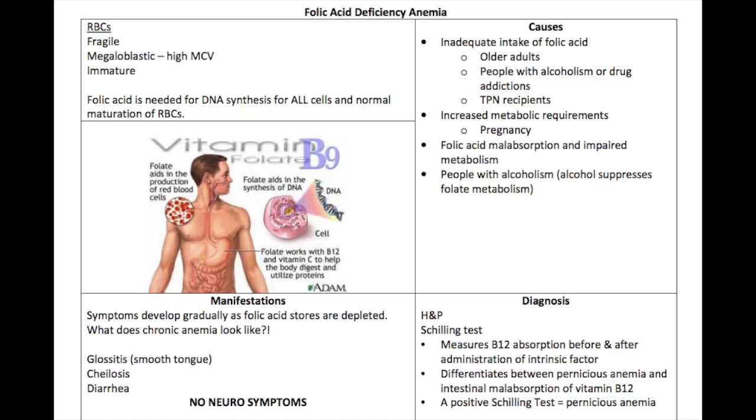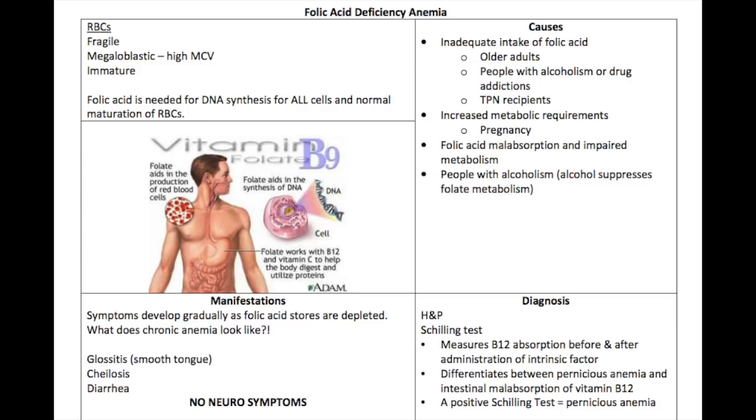And so it looks like chronic anemia, but then you'll have a smooth tongue, some diarrhea, but you don't have neurosymptoms. That's the important thing there. So when you're separating B12 and folic acid, B12 you're going to have those neurosymptoms, folic acid you're not.